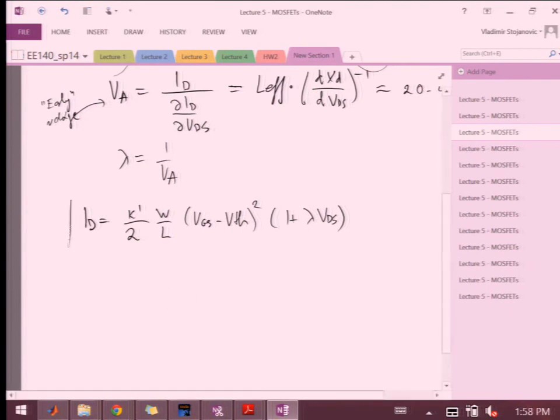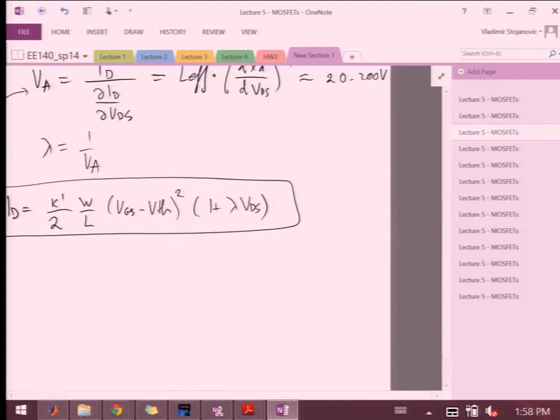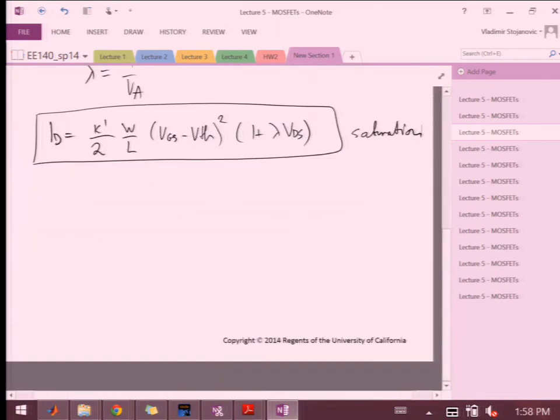Okay, so this will be the saturation. And then remember what we had in the linear region was something like this.